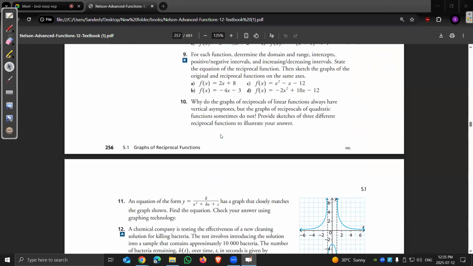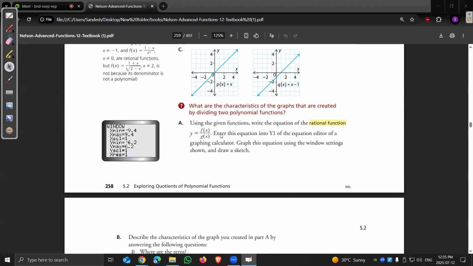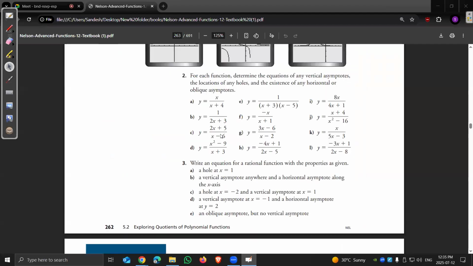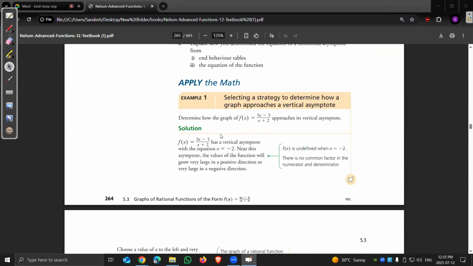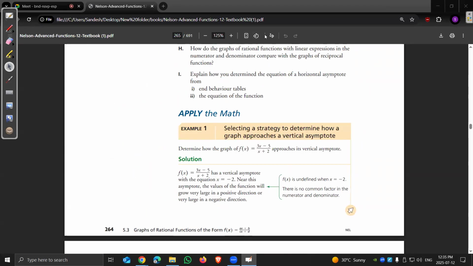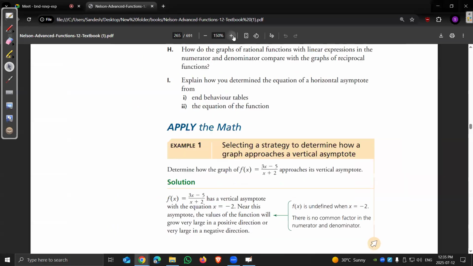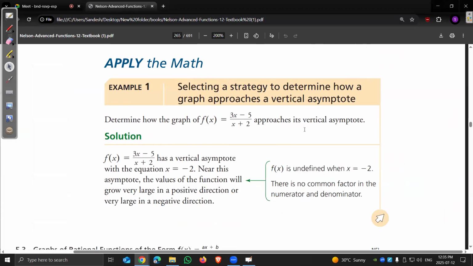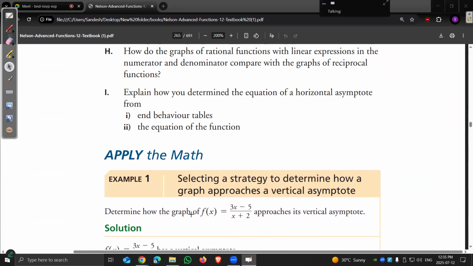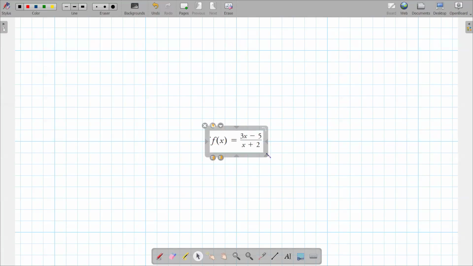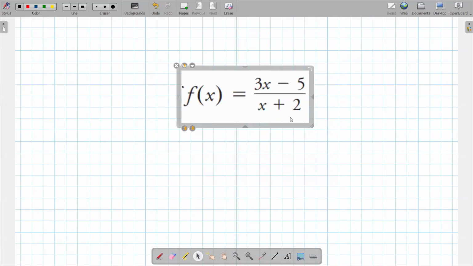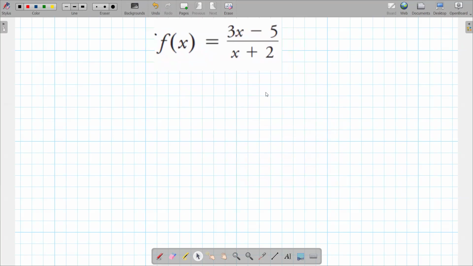Let's see what else we can do. Where are the radicals at? Okay, we're gonna graph this function. So what kind of a function do we have here?